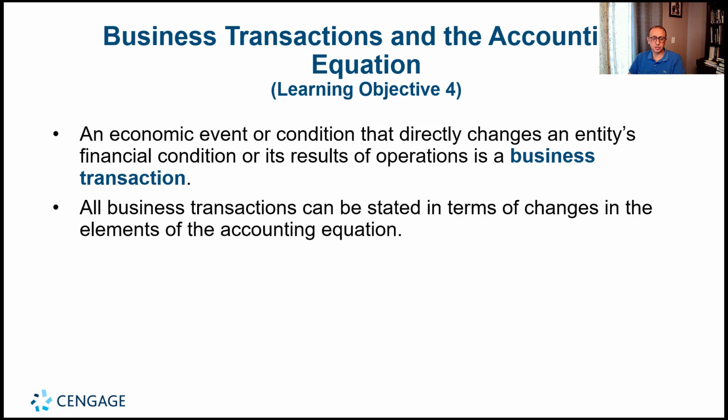Again, a transaction is any exchange between two parties. That's how we can consider it a transaction. Examples include buying a product, selling a product, paying cash, and collecting cash. Each one of these is an example of a transaction. All business transactions can be stated in terms of changes in the elements of the accounting equation. And that's the key thing about transactions: they impact our assets or liabilities or our equity.